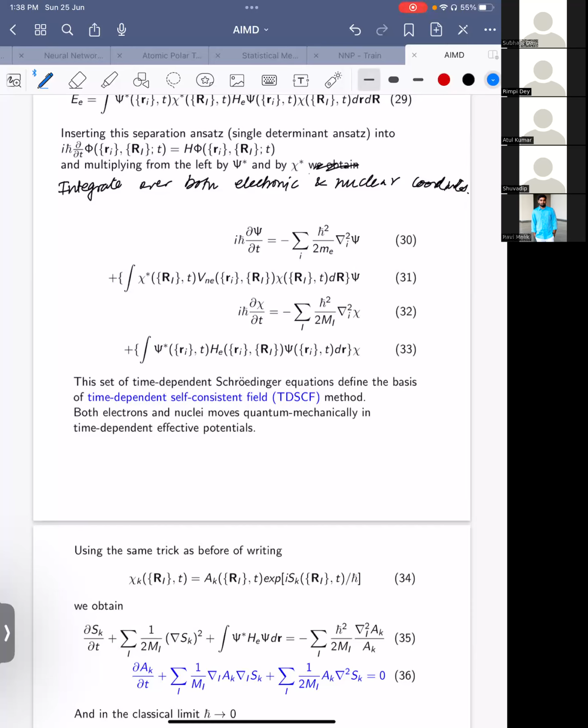So this is one method. But for non-adiabatic things, there is a whole conference based on them.